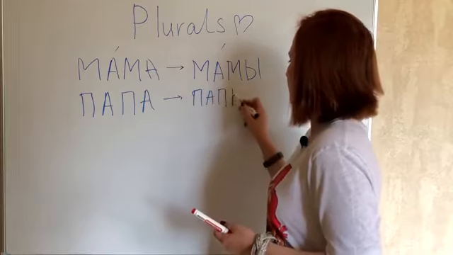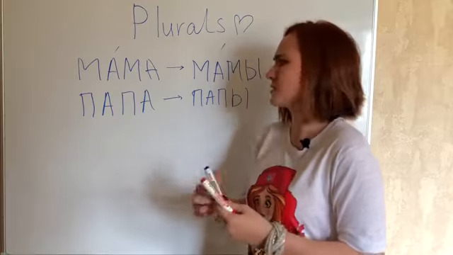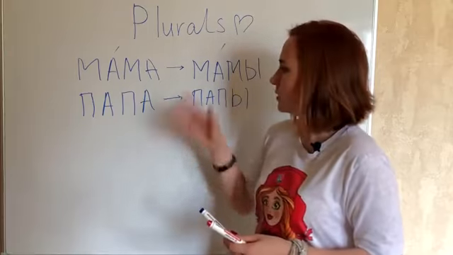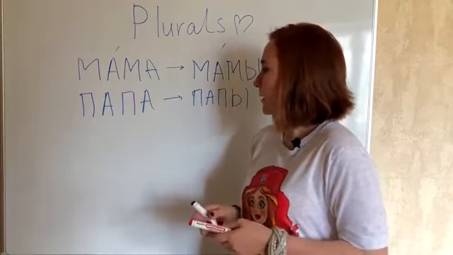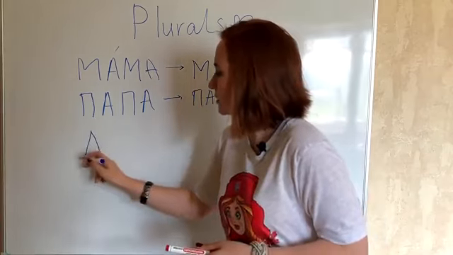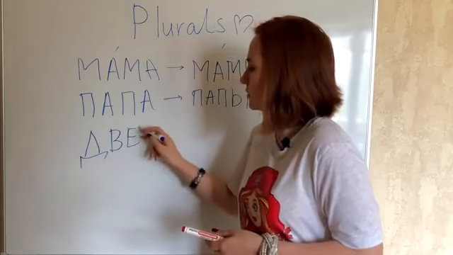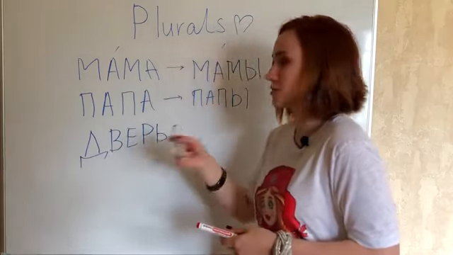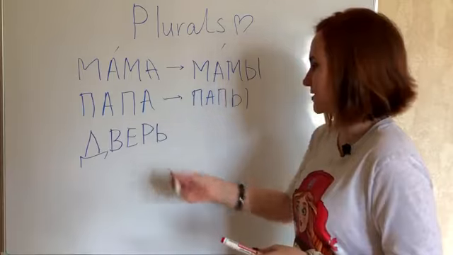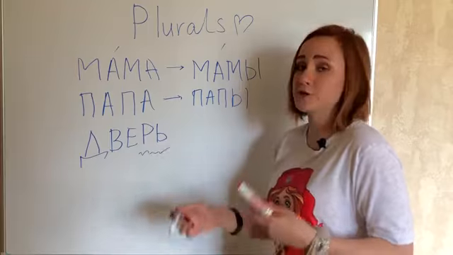Papi. But again, there will be several exceptions. I don't think we need to cover all of them now, so let's stay with simple examples. Okay, how about the word door? Дверь. I just looked around and saw a door, so I decided to use it. Remember, it's the very first situation.